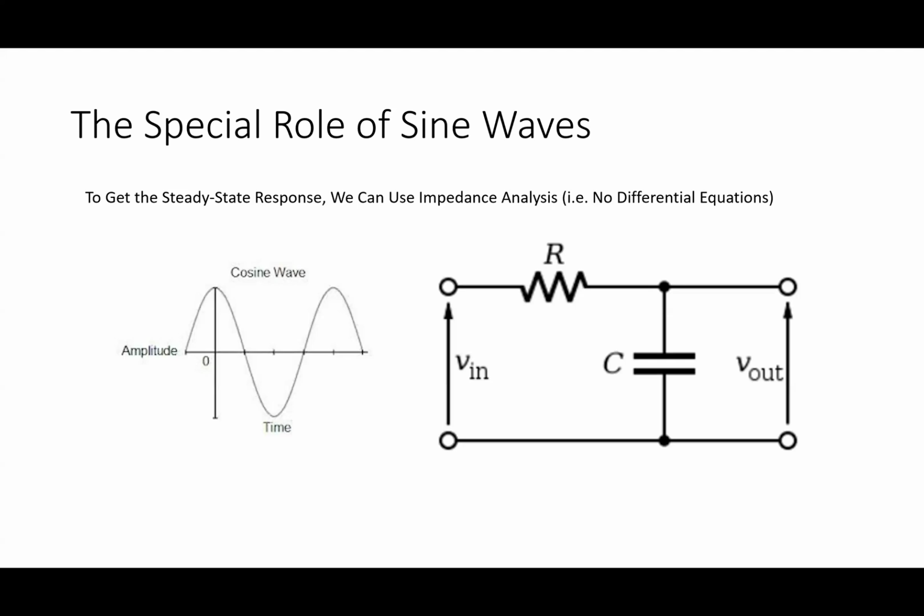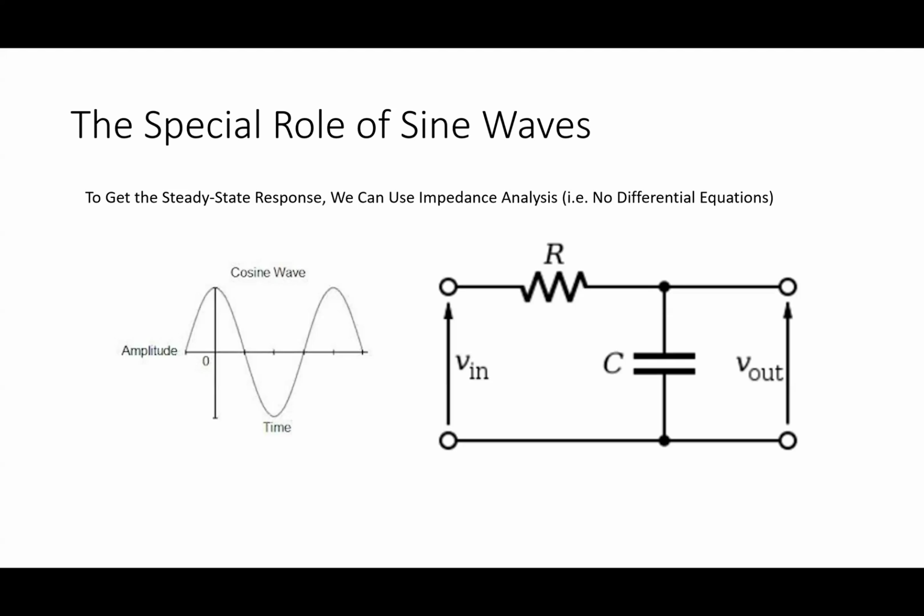I can think of a capacitor not with I equals C dV/dt, but as having an impedance of 1 over j omega C. Or an inductor has an impedance j omega L, and I can just do circuits 1 all over again. What's the catch to that? To use impedance analysis, what's the catch?